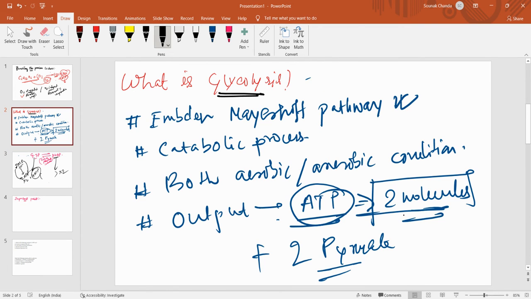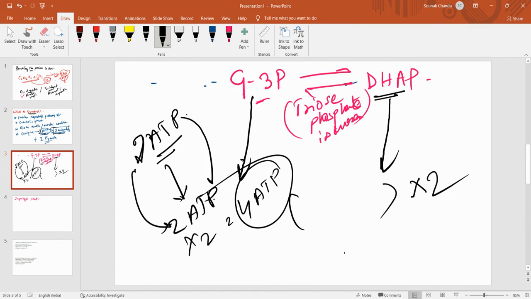You can see over here there are two molecules for each glycolytic cycle, that is, 2 ATP is generated. But our glycolysis occurs in two parallel pathways at the same time, so ultimately it will be 4 ATP as an overall reaction. I hope you are clear with this particular concept. So let's move on to the next one.